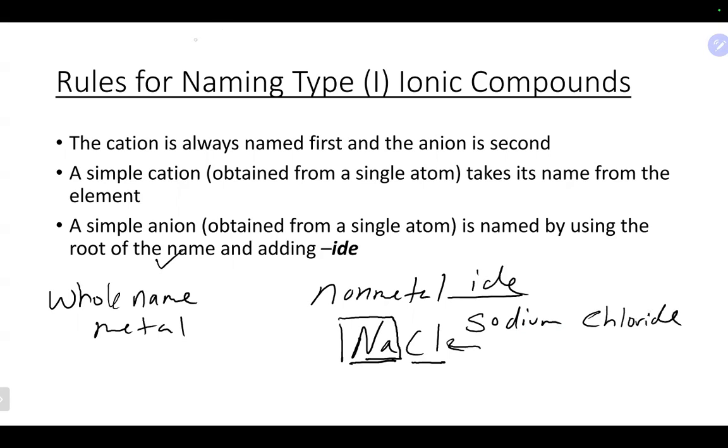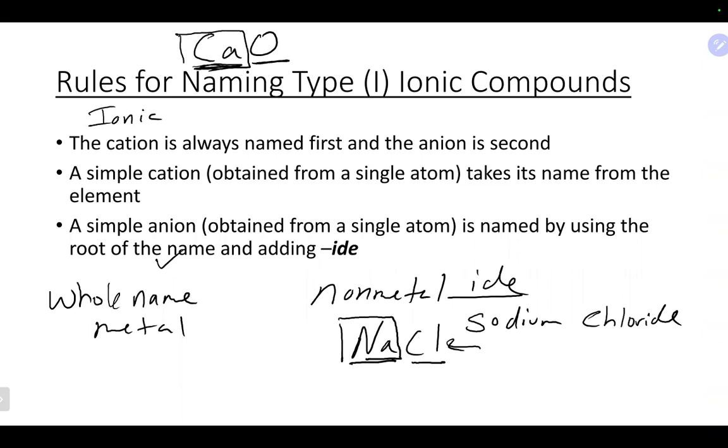When we do our CaO, for example, Ca is calcium, which is a metal. O is oxygen, which is a non-metal. So by the way, right there tells you this is ionic, right? When you have a metal and a non-metal together. Once again, it is the metal that is the most important here.